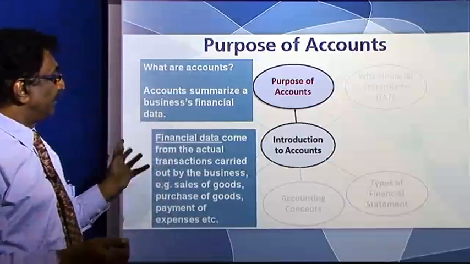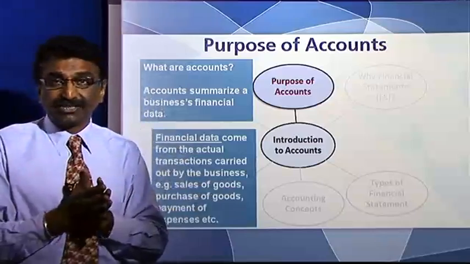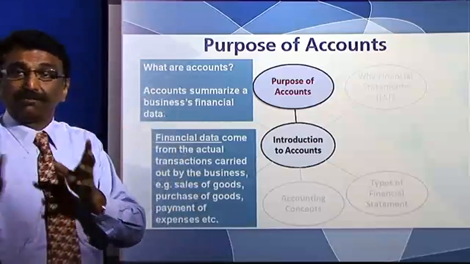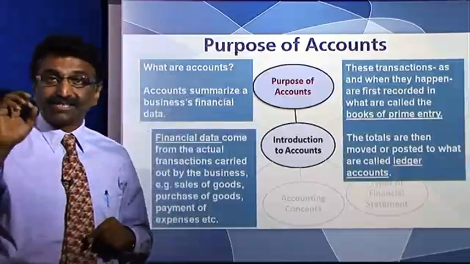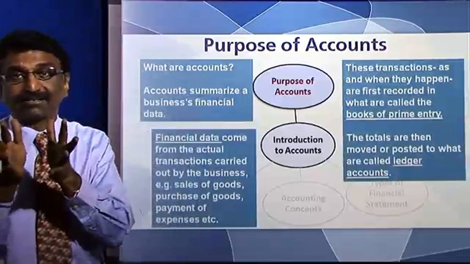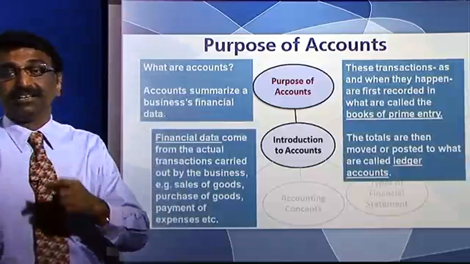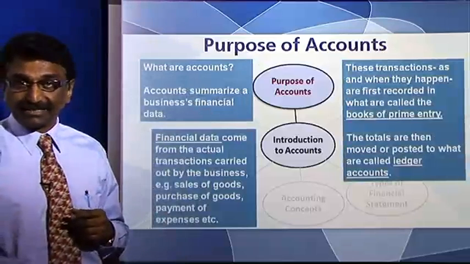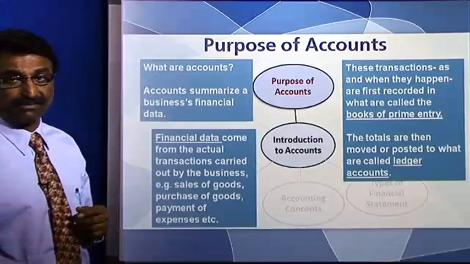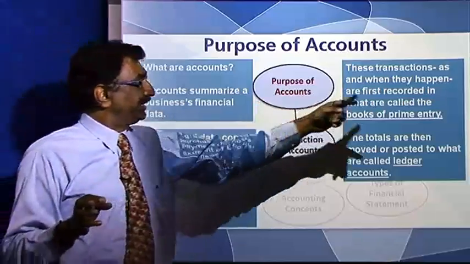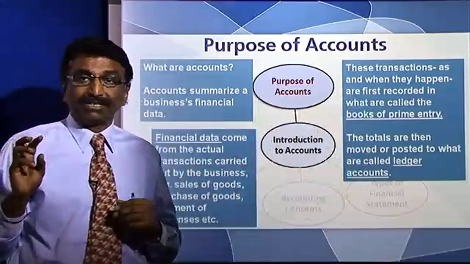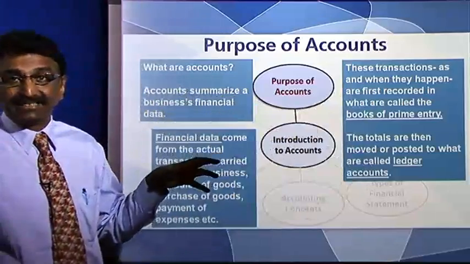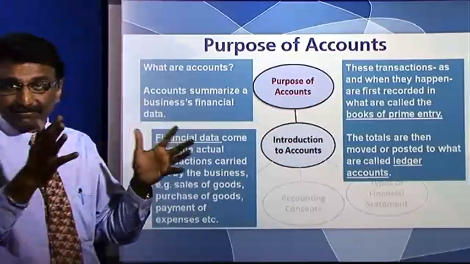As they happen, we need to have this financial data in a summarized form. But before that, I need to record. As the transactions are happening, I need to record at some place in the business what these transactions are, where they are happening, and what the amount of these transactions are. This is usually done in what are known as books of prime entry. But then this financial data is scattered in different places in different books.